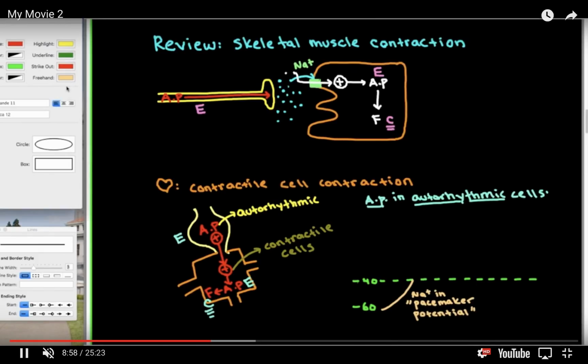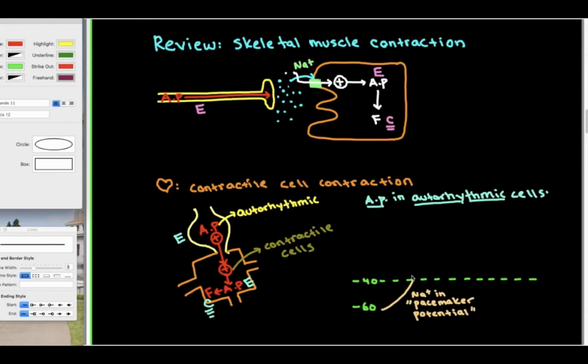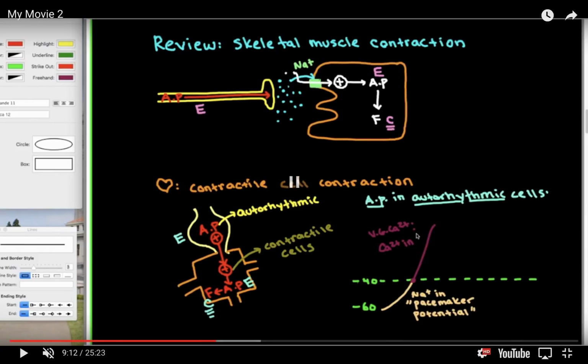Okay, so we get to threshold, we get to minus 40, and we'll see that at minus 40, we begin our action potential, but the difference here now is that this depolarization is caused by voltage-gated calcium channels. This is a unique feature, something we did not see in previous action potentials, where calcium is actually causing the depolarization.